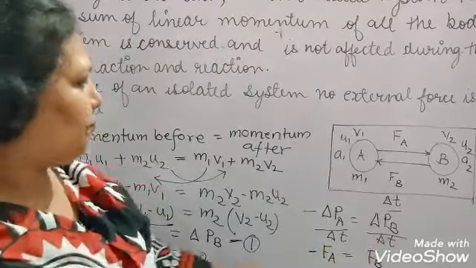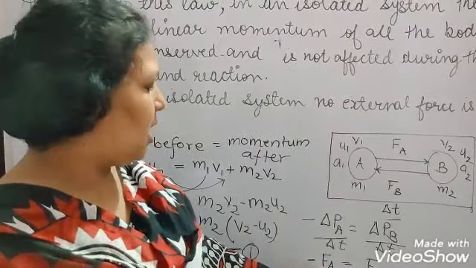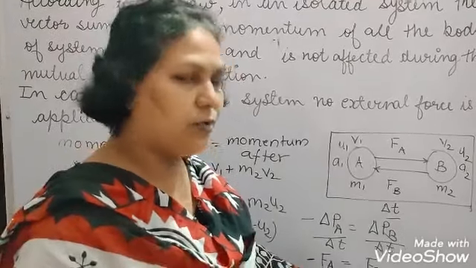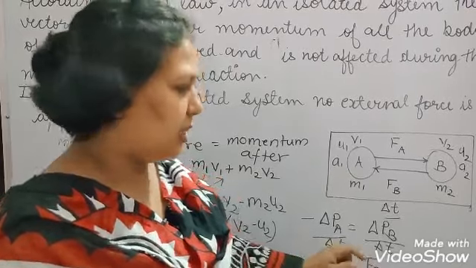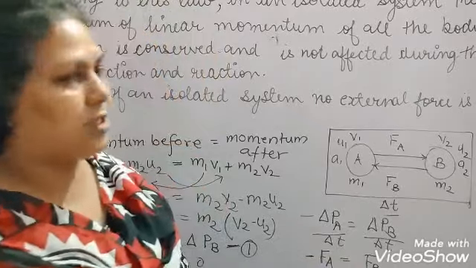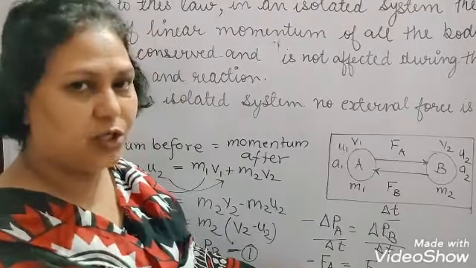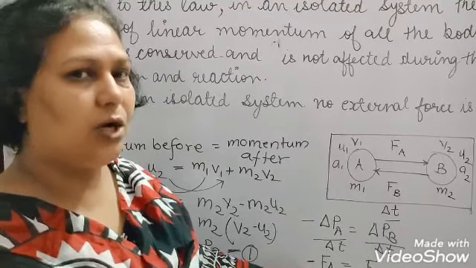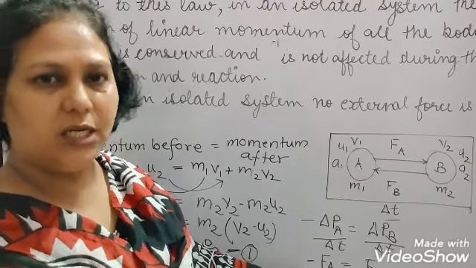That means the force applied on A by B is equal to the force applied on B by A. Okay, that means these two forces are equal in magnitude but opposite in direction, which is the statement of Newton's third law of motion, that every action has an equal and opposite reaction.